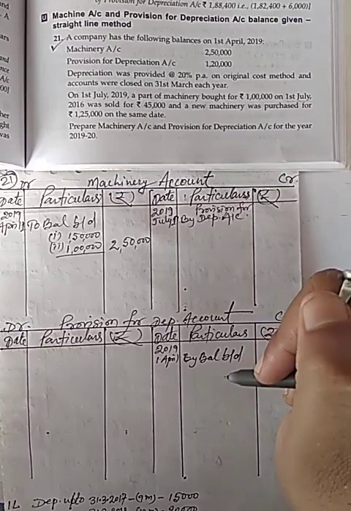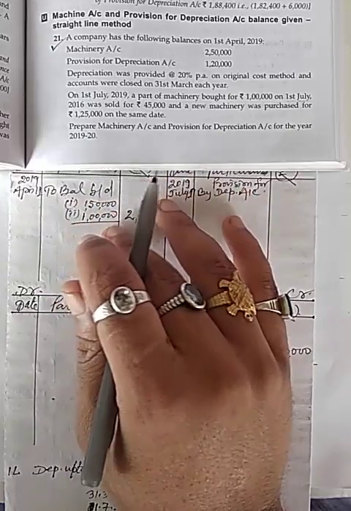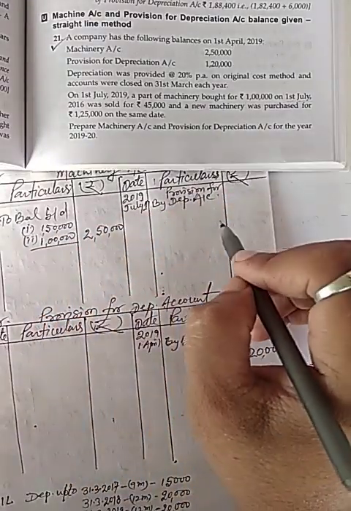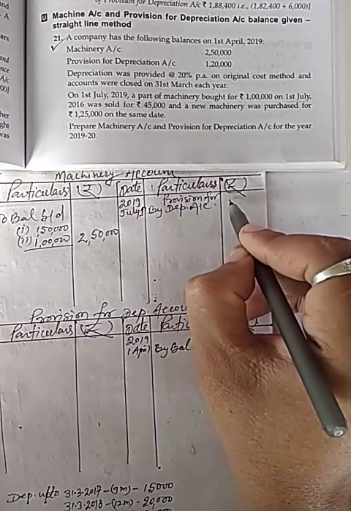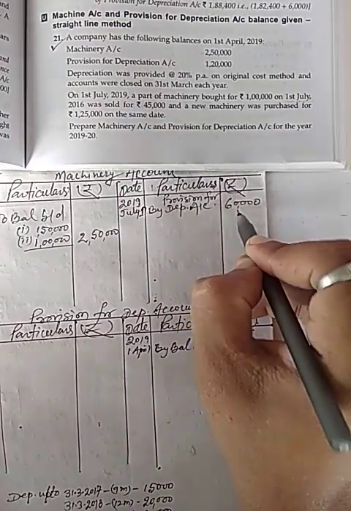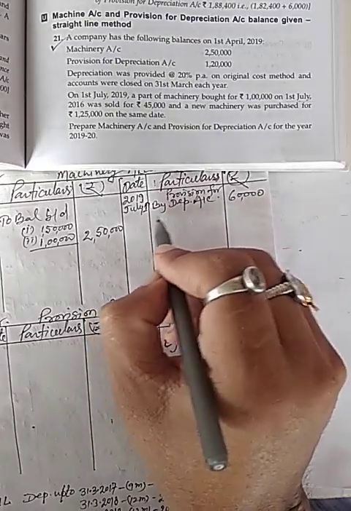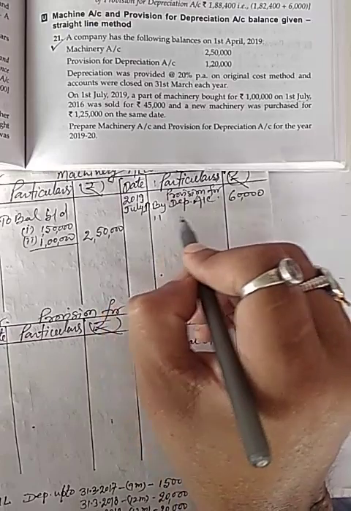So student, we will write provision for depreciation account 60,000 total balance, and on July 1st it is sold.